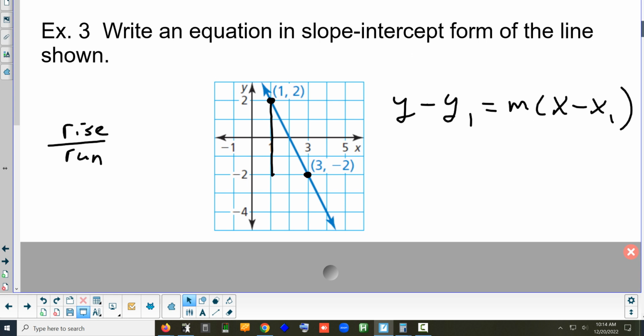When I go down, is that my rise or is that my run? Yep, that's my rise. And because it is down, what kind of number should it be? Should be a negative. So down 4. And then my run is how many I go right. How many would I go right in this case? 2. Yep, we'll go right 2. 1, 2.